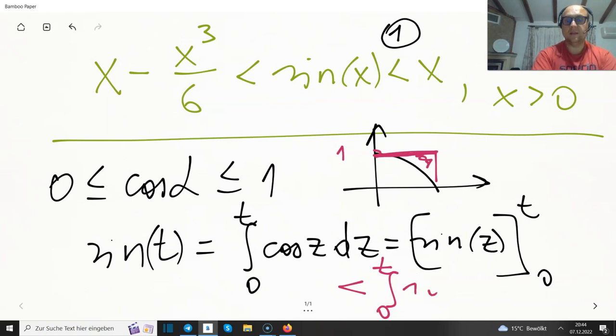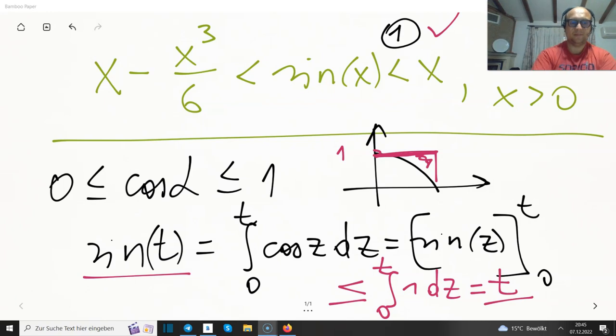So 1 is greater than cosine, and if we're going over an interval where cosine is always less, the area cannot be bigger. So obviously this is t, and this is how we proved sine of t is less than t. So this one is check.